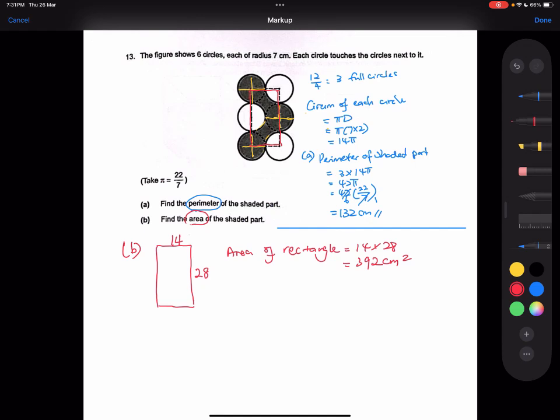But if you look closer within the rectangle, we have 1 quarter here, 2 quarter here, 1 quarter here, which add up to 1 full circle that's unshaded. So let's calculate area of 1 circle equals pi r squared, which is radius 7 squared. It's 49 pi.